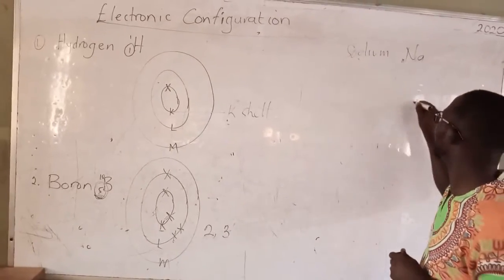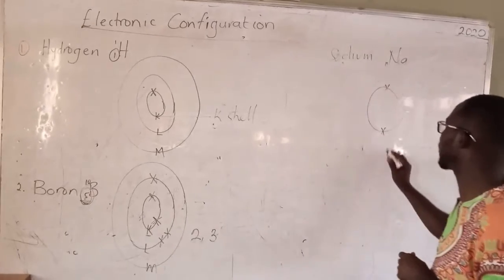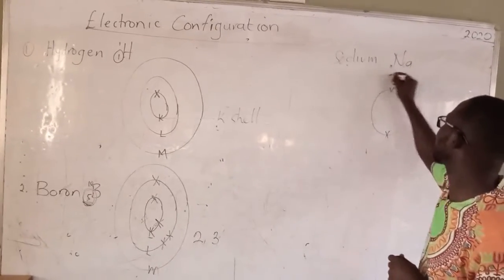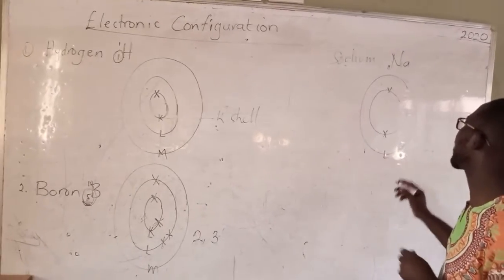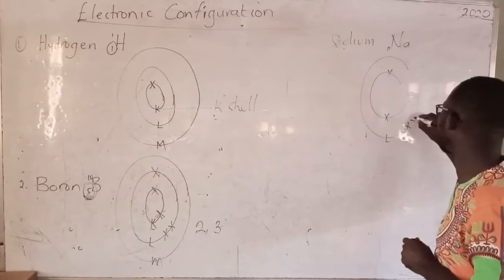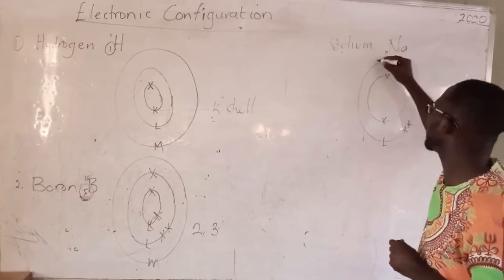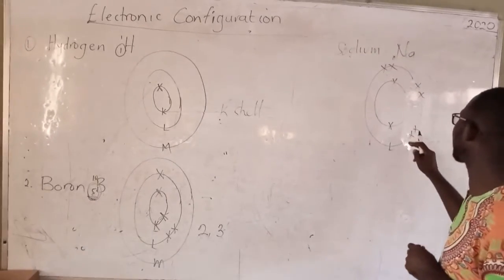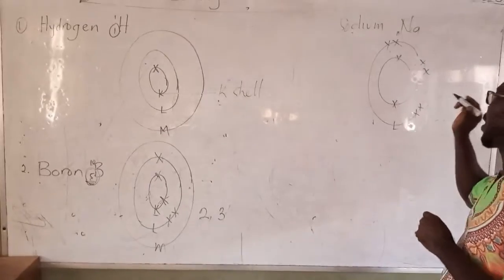Sodium: the first shell is going to take 2 electrons, which is the K shell. The second, which is the L shell, is going to take a maximum of 8. So let's go: 2, 3, 4, 5, 6, 7, 8. Are we satisfying it? 1, 2, 3, 4, 5, 6.